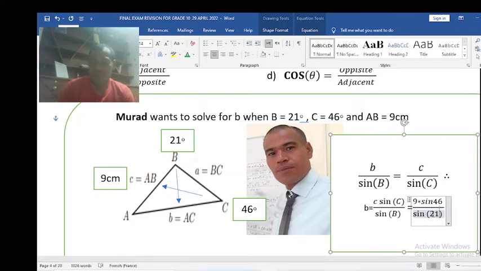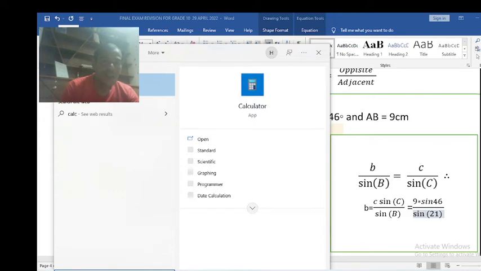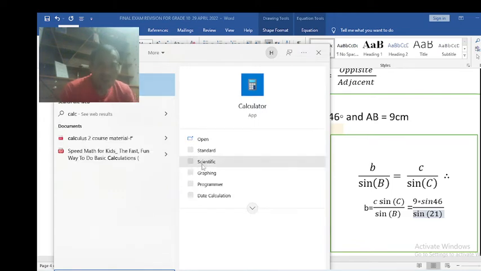Then we can use the calculator, the scientific calculator. Yes, this one I need.